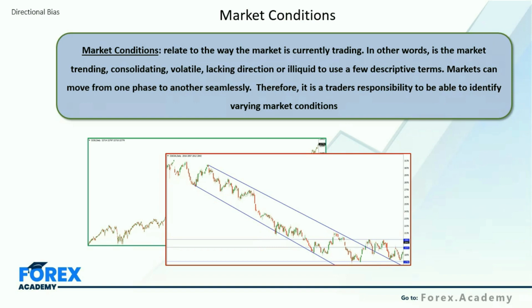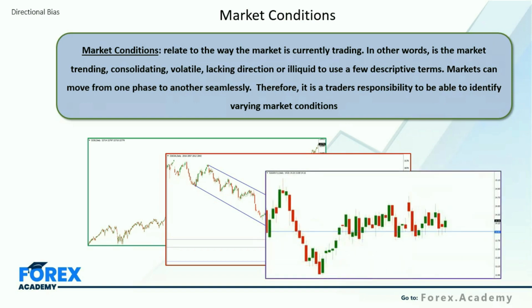Now, in addition to trending markets, we can also have consolidated markets. These are just markets that maybe straddle a level of support and resistance, where the lows, the opens and closes really struggle to break either above this period of consolidation or below it.